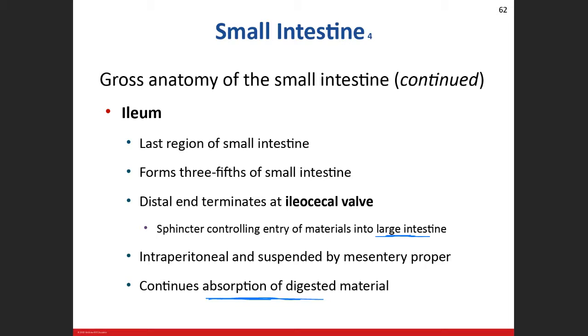Now, in the small intestine, we have these small circular folds. Their job is, one, to slow the movement of the food product through the small intestine, acting as a speed bump, but it also helps to increase the surface area for digestion.